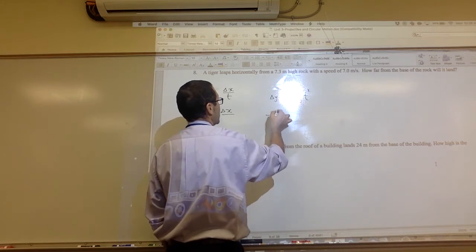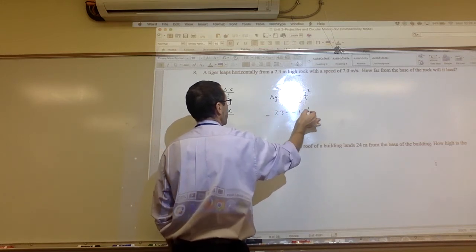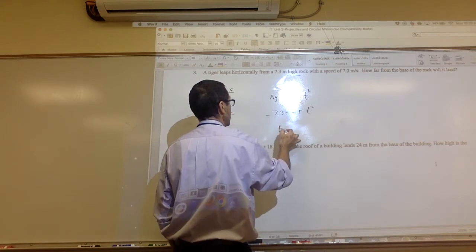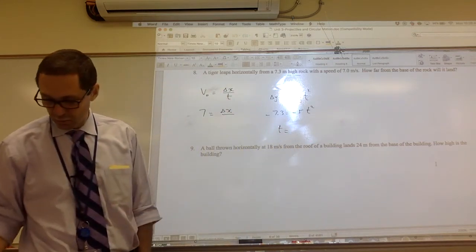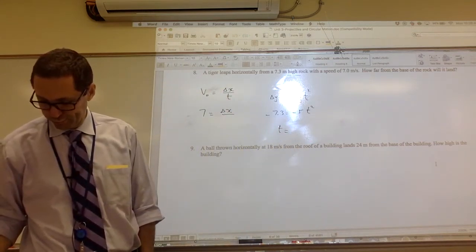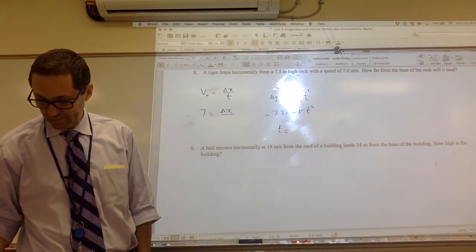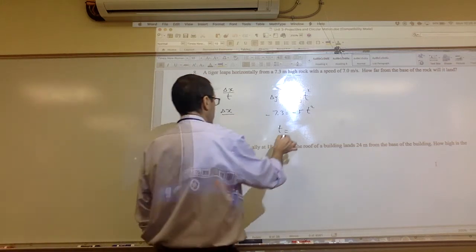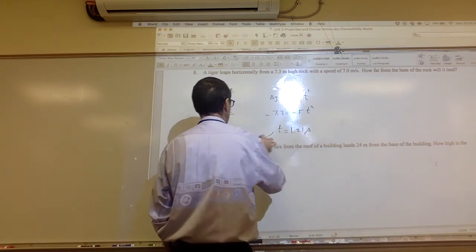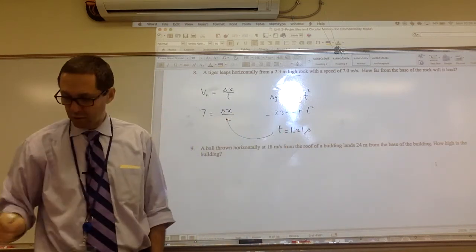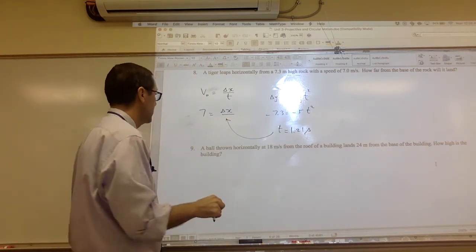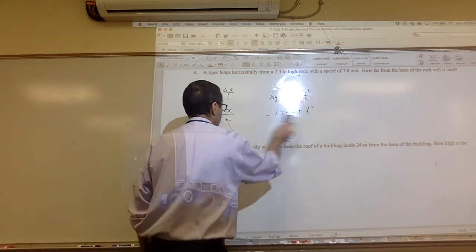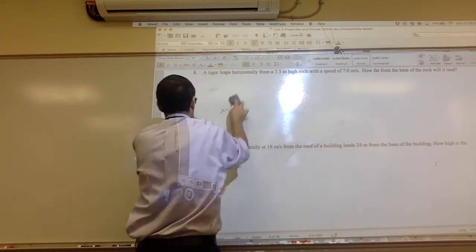So this is negative 7.3 equals negative 5t squared, and we should get a t equal to 1.21 seconds. So you just put that in here, and you should get a delta x equal to 8.46. All right, next one.